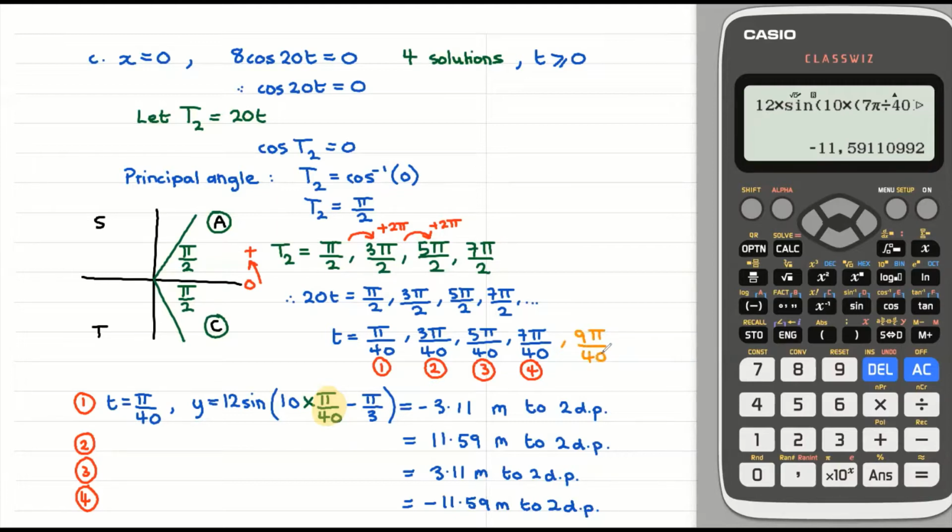So just for the sake of argument, and then there'll be more after that, if we put 9 pi over 40 into our calculation, just to show you that these are indeed the only 4 solutions, we change that to a 9 and press equals. We get the first solution back. Okay, so we're going to go through the cycle of negative 3.11, 11.59, 3.11, and negative 11.59 over and over again. Okay, so those are our 4 y-intercepts that we've just calculated.